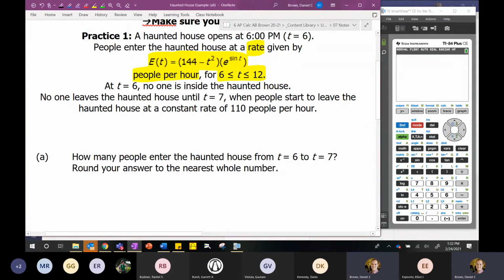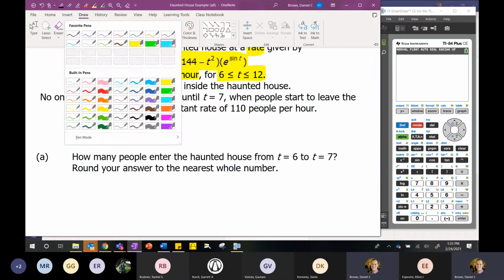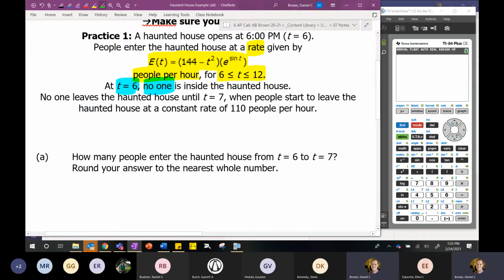Then we also have an initial condition. At t equals 6, no one is inside, so the amount at t equals 6 would be 0. And then you will always have an output rate for these problems. For this one, we can see no one is leaving until 7, and people leave at a constant rate of 110 people per hour.